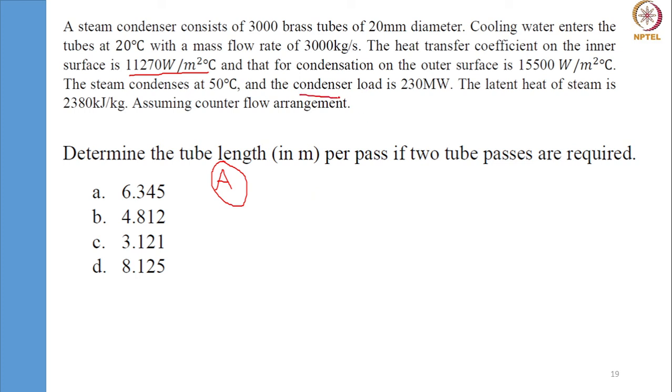The condenser heat load is already given as 230 megawatt. So that 230 megawatt equals m dot Cp delta T of water. We know m dot of water. Cp we are also going to assume as 4180 joule per kg Kelvin. It is entering at 20. We want to know the exit temperature.